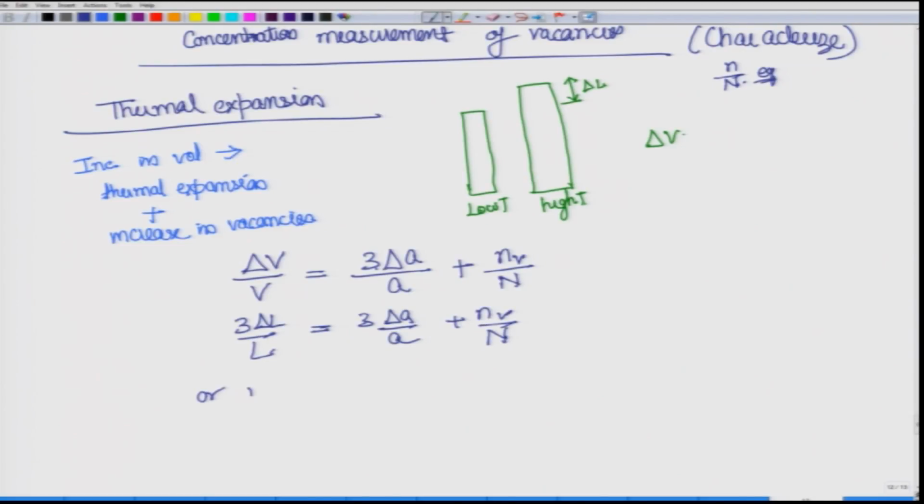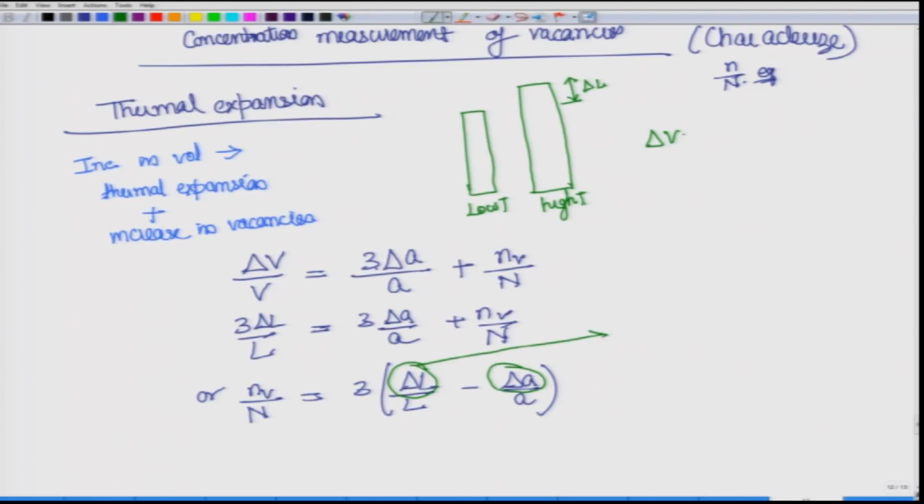In other words, from here we can see that this relation becomes n V by n equals 3 delta L by L minus 3 delta A by A. Now, this relation gives us the concentration of vacancies, from whatever temperature to temperature you have calculated the delta L, and for that you also need to calculate the delta A. So, we need to measure these two quantities, delta L and delta A.